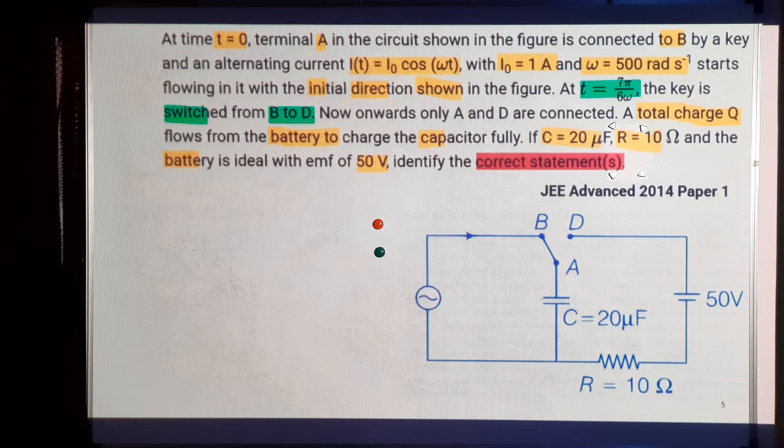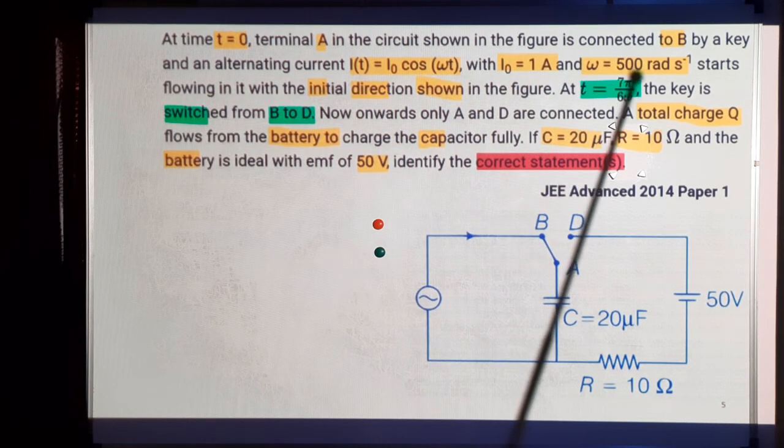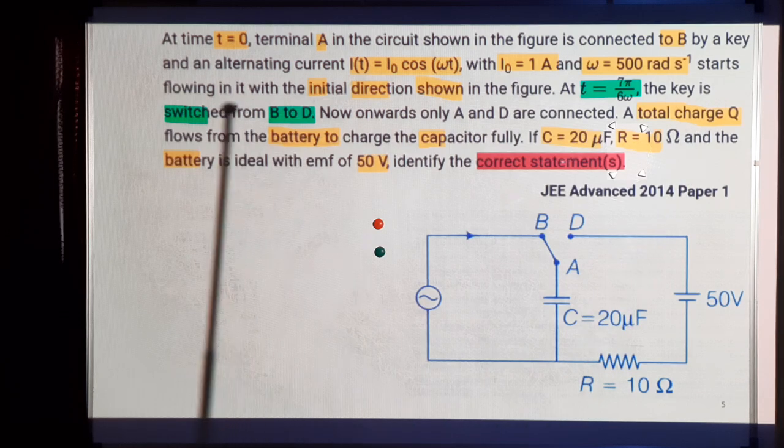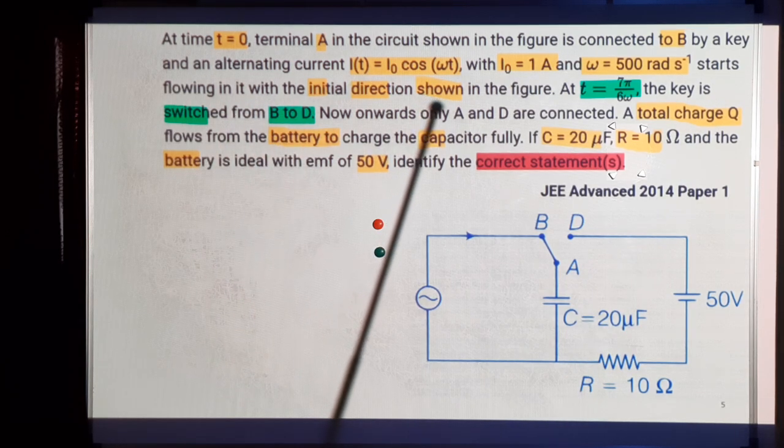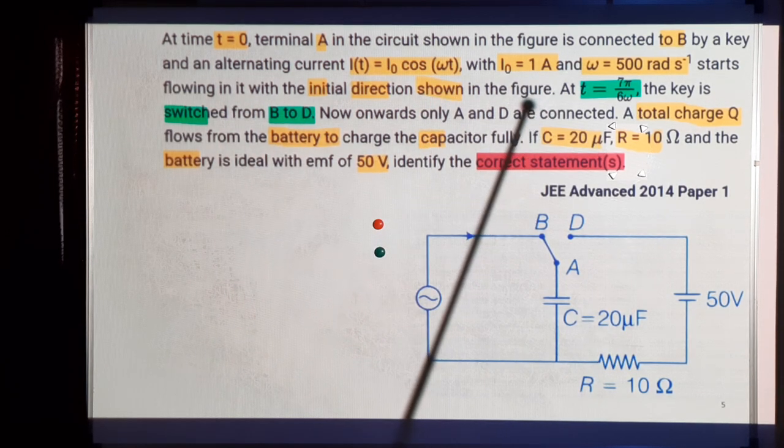This is the question. At time t equal to 0, the terminal A in the circuit shown in the figure is connected to B by a key, and the alternating current I(t) equal to I naught cos omega t, with I naught equal to 1 amp and omega equal to 500 radian per second, starts flowing in it with the initial direction shown in the figure.